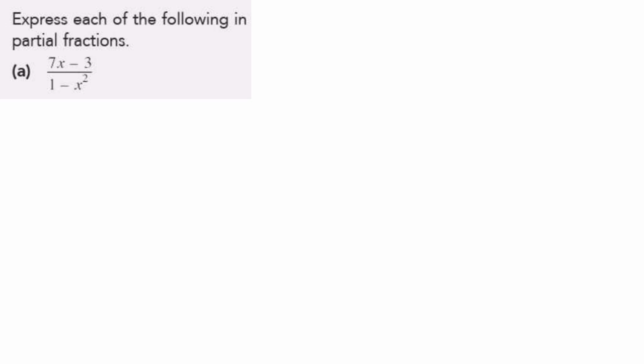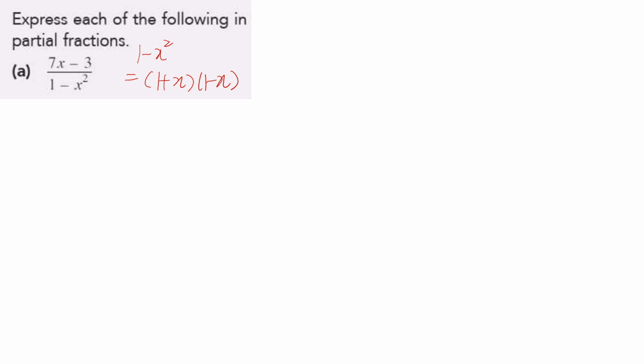So let's look at the denominator. We need to analyze the denominator so that we know which rule to apply. The denominator 1 minus x squared can be factorized into 1 plus x times 1 minus x.